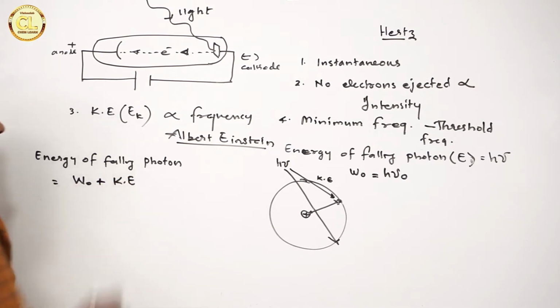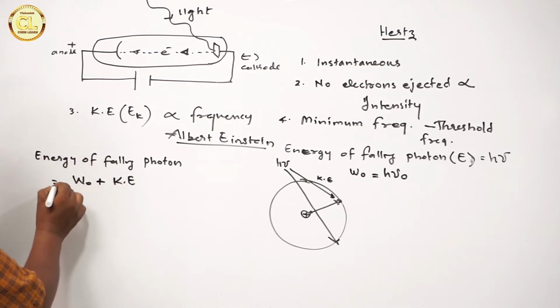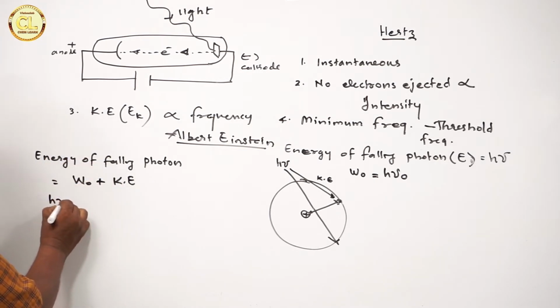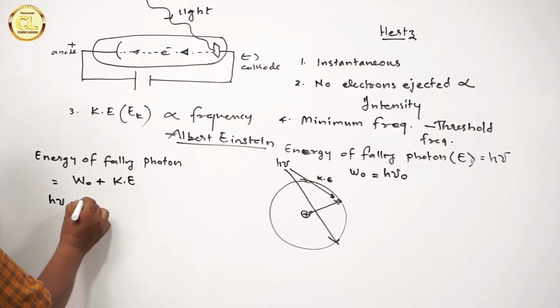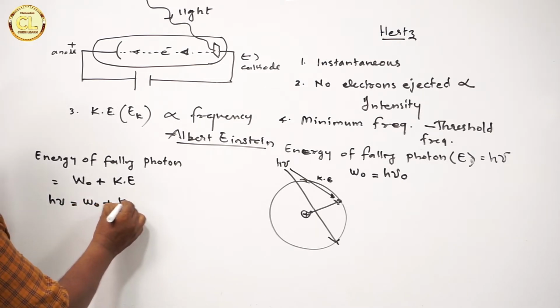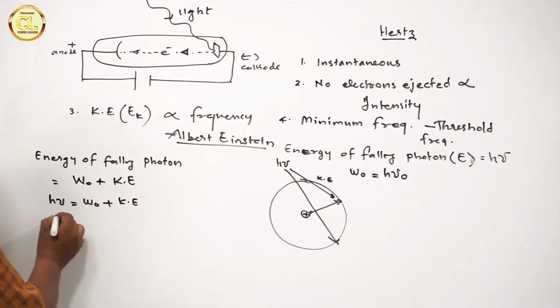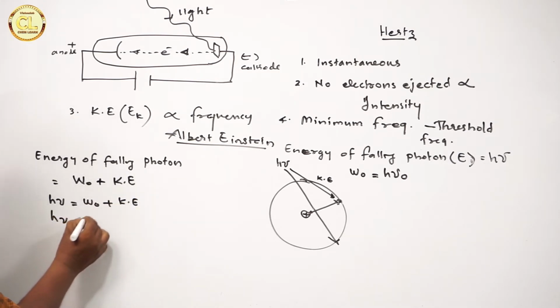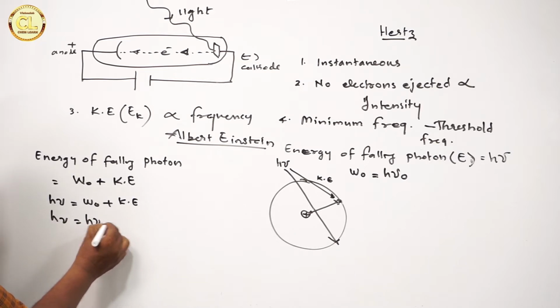The energy of falling photon h nu is equal to W0 plus kinetic energy. And we know that W0 is h nu 0, so h nu is equal to h nu 0 plus kinetic energy.